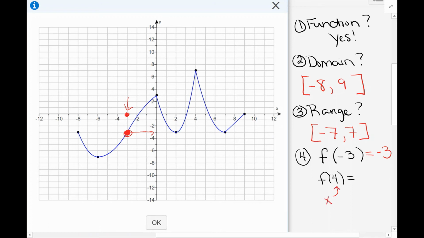So I go to my graph and I find, where is 4? 1, 2, 3, 4 is right here. The graph is associated with 4 right here at this point. What is the y value? The y value is going to be 7. Okay, so they give you an x value, you have to find the y value.